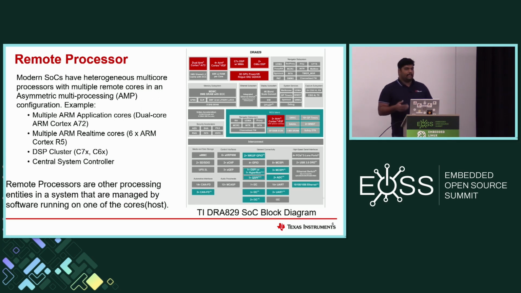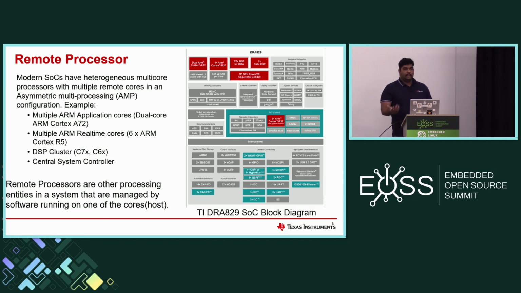We tend to think it's always the application processor or the biggest processor in the system that is the host, but that's not necessarily true. For example, take a bootloader which boots up multiple cores in an AMP system: you can think of the bootloader as a host which boots up all these remote processors.